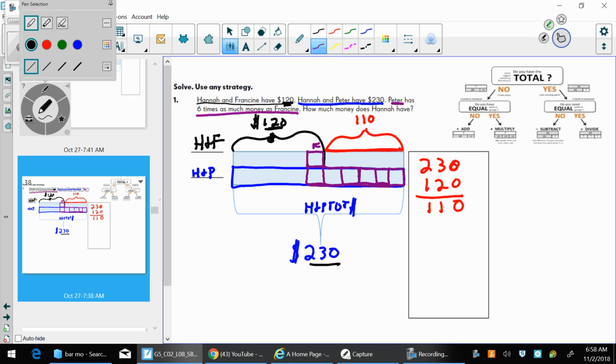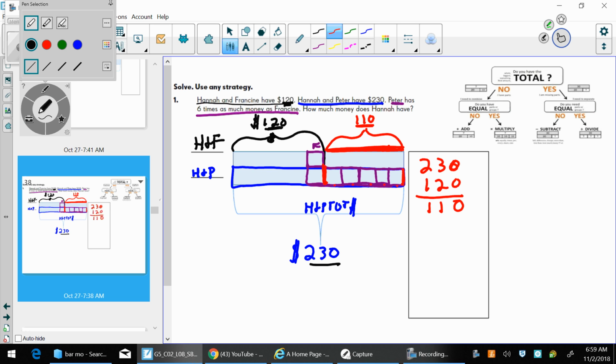Alright, so, what do I have? Well, let's look back at that 110 and see why it's so important. Because this area here is worth $110. But inside that area, Peter has 5 of its units.